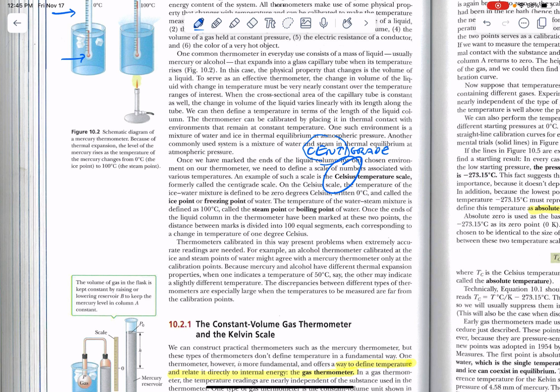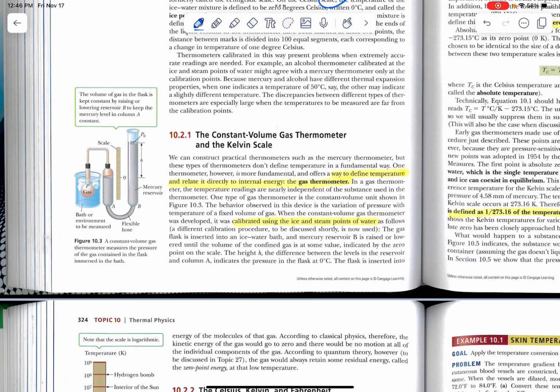And you should know the freezing point and the boiling point of water on the centigrade scale, 0 and 100, and I know you all know that. In everyday use, in America at least, we often use the Fahrenheit scale, 32 and 212, which would have 180 divisions between freezing and boiling, and that's kind of awkward and inconvenient.